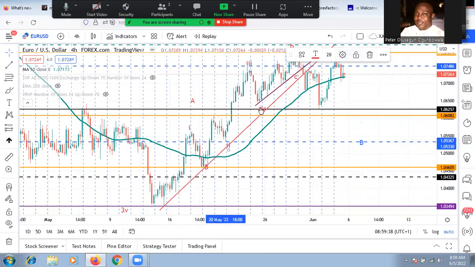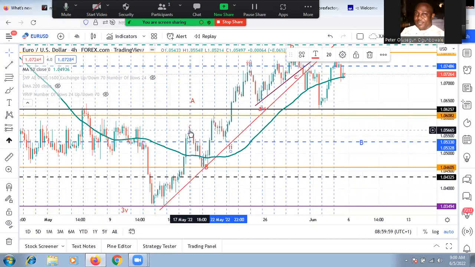You can say this is 1, the first wave, and this is the end of the second wave, and this is the 3rd wave. So I would rather want to look at this as an ABC. I want to look at this as an ABC.